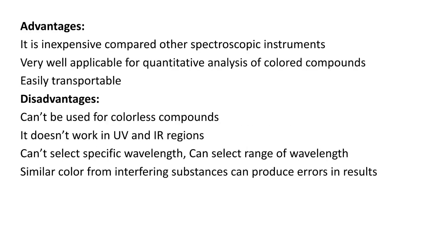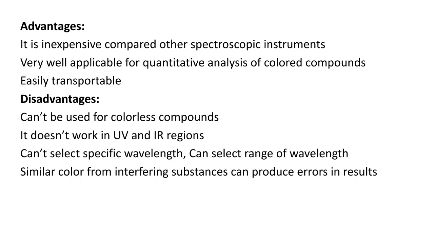So the advantages and disadvantages of this colorimeter are, first, it is inexpensive compared to the other spectroscopic instruments. It is cheap compared to other spectrophotometric instruments, very well applicable for the quantitative analysis of colored compounds, and it is small and also easily transportable.